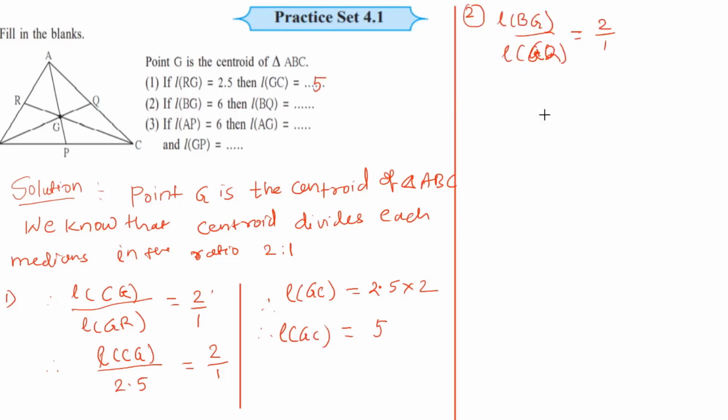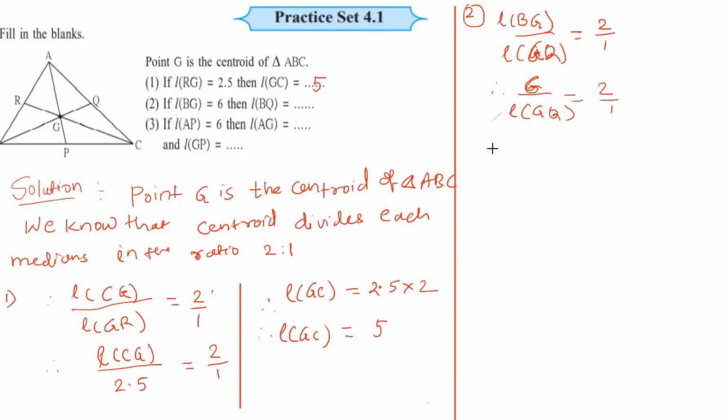Second, length BG upon length GQ. BQ is the median of triangle ABC. Here, G is the centroid. Therefore, BG upon GQ is equal to 2 upon 1. Here, BG is 6. Therefore, 6 upon length GQ is equal to 2 upon 1.